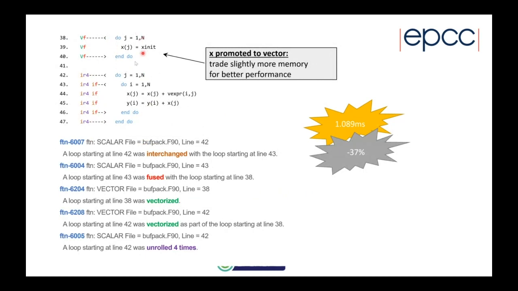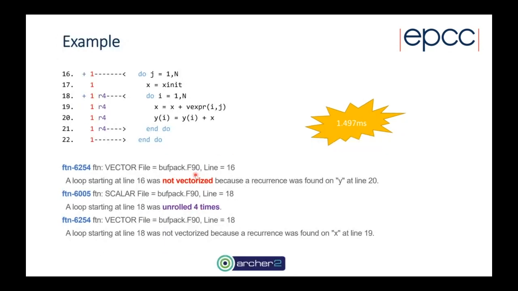Then we took the code outside, initialized it, and it let the code vectorize, and it went faster, not 100 times faster, but about 40% faster. This is actually on Archer rather than Archer 2.